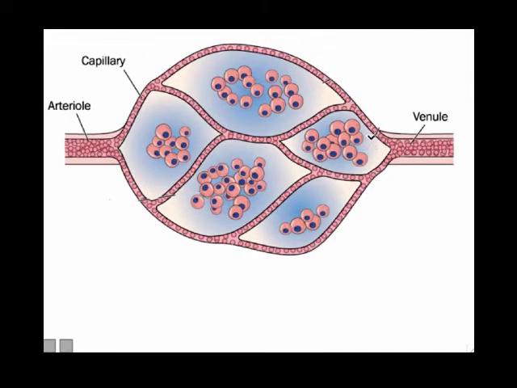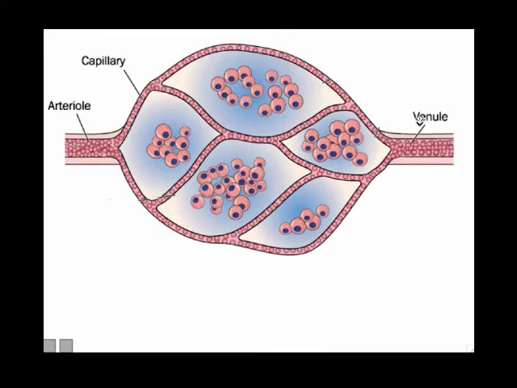And so here's kind of a diagram of that. This is supposed to be an organ, and these are the cells of the organ, the little dots. And so, here's an artery that's bringing blood into this organ. And remember that the tiny arteries that actually carry the blood into an organ are called arterioles.